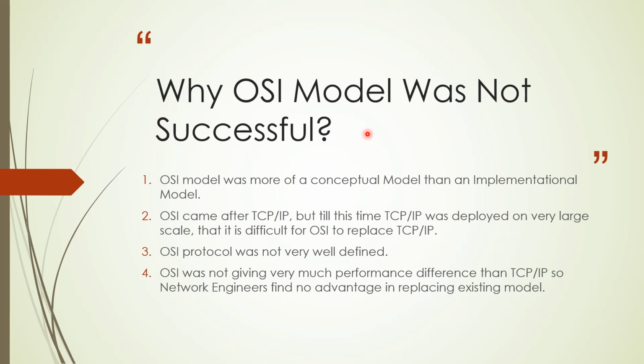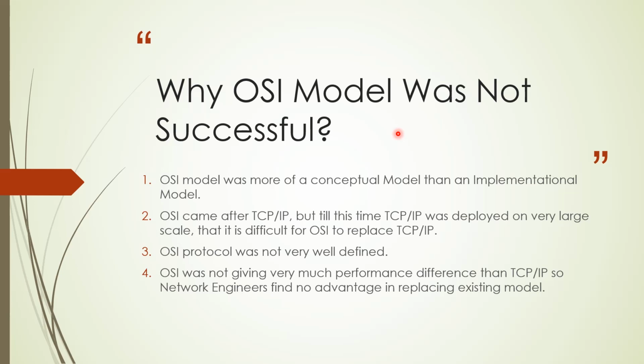The main difference was that TCP/IP came first, so it was already implemented by the time the OSI model was proposed. Alright, the second and most major difference was that in the OSI model the layers were not clear, and the protocols related to all of the layers were not clearly defined at the time of proposal.